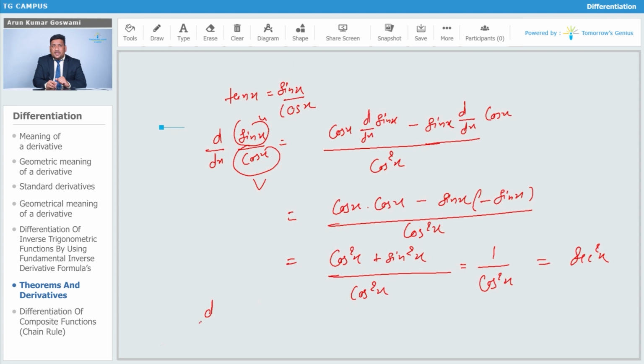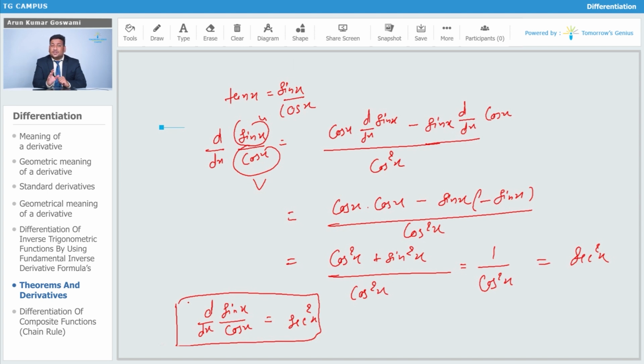So d by dx of sin x by cos x is nothing but secant square x. So we proved that tan x differentiation is nothing but secant square x. We proved that also, and we know how to use this formula now. This is what we have to do whenever we have division of two functions.